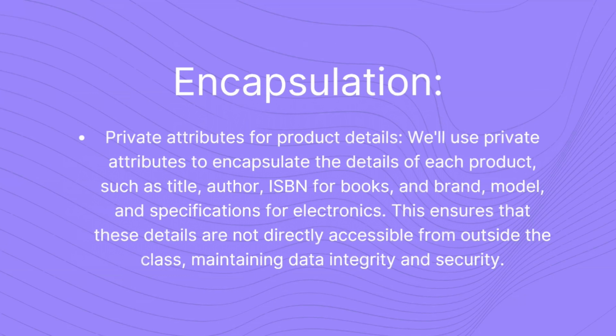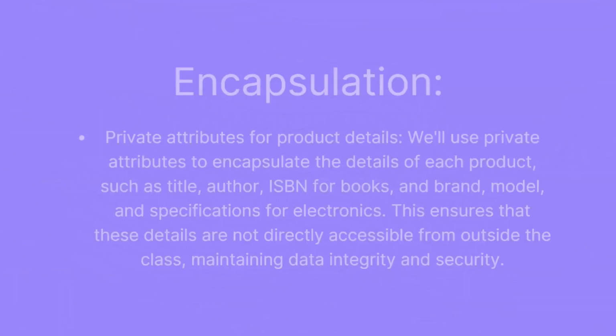We'll use private attributes to encapsulate the details of each product, such as title, author, ISBN for books, and brand, model, and specifications for electronics. This ensures these details are not directly accessible from outside the class, maintaining data integrity and security.